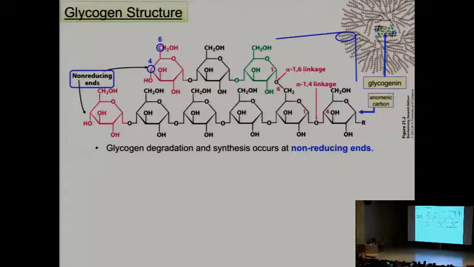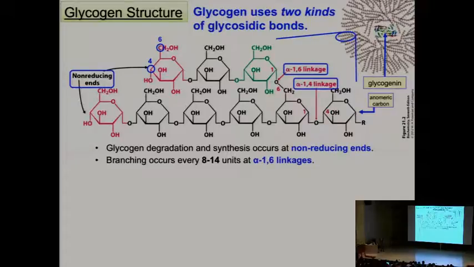So glucose units can be added at either the 4 or the 6 position of that most terminal non-reducing end glucose. And because of that, there's two different bonds that can result. We can form an alpha-1,4 linkage between carbon 1 and carbon 4 of two different glucoses, and that forms a linear chain. And then we can also alternately form alpha-1,6 linkages between carbon 1, carbon 6, and this forms the branches that we were talking about.